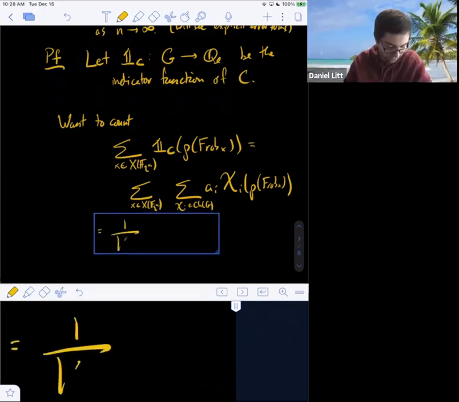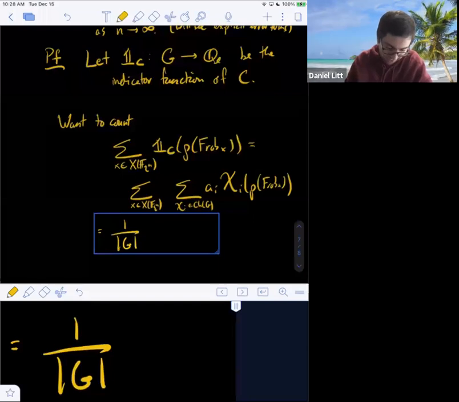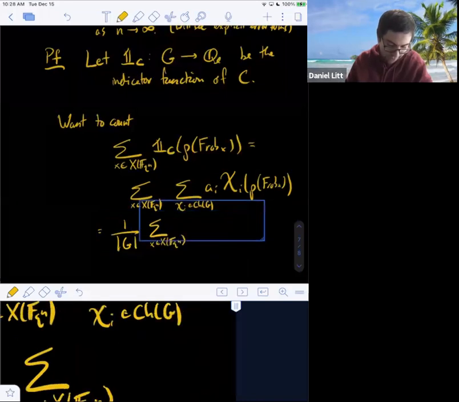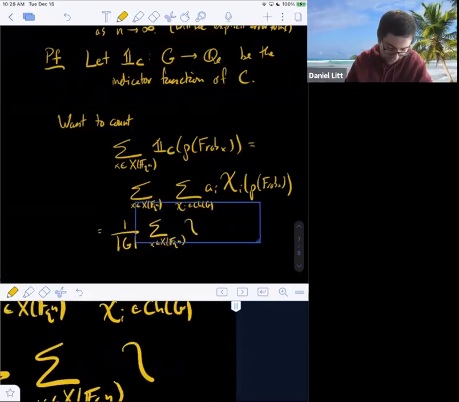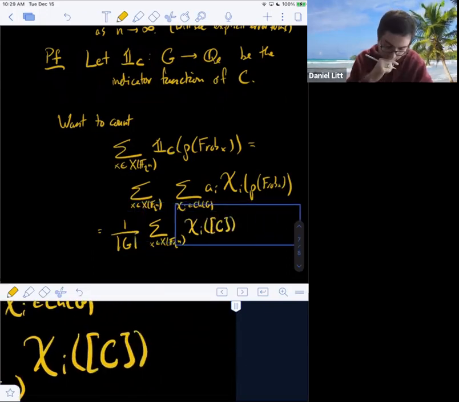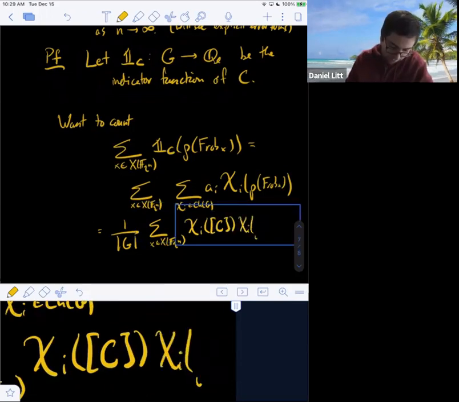So I think you get 1 over G times the sum over x in X(F_q^n), and I think you end up getting chi of the conjugacy class C times chi of rho Frob x.